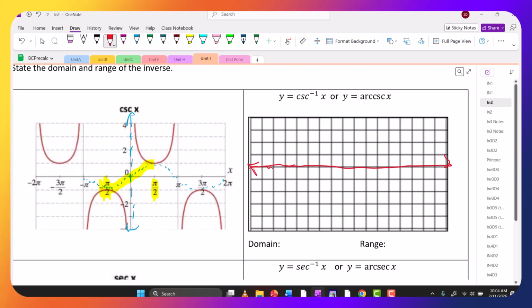So I do have 0, 0 as a point. I'll go ahead and draw my y-axis. The flip of 0, 0. And then pi over 2 comma 1 is now 1 comma pi over 2.